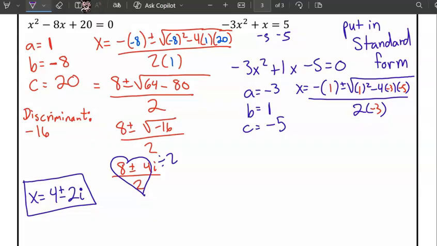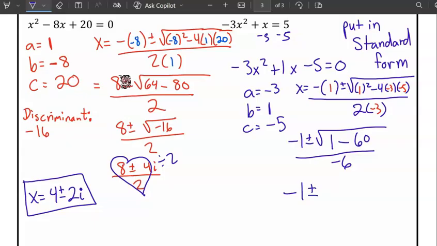Simplify this. Negative 1 plus or minus the square root of 1 minus 60, all over negative 6. We'll get negative 1 plus or minus the square root of negative 59 all over negative 6. The discriminant is a negative 59.